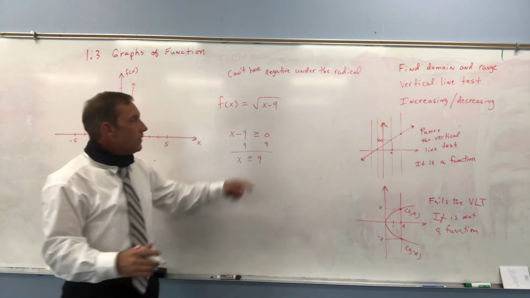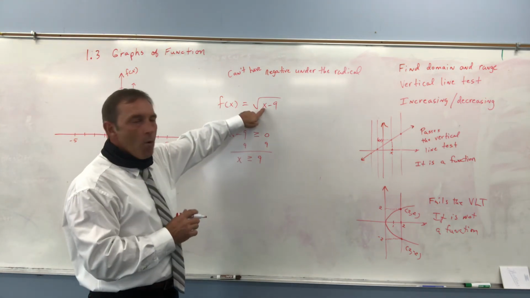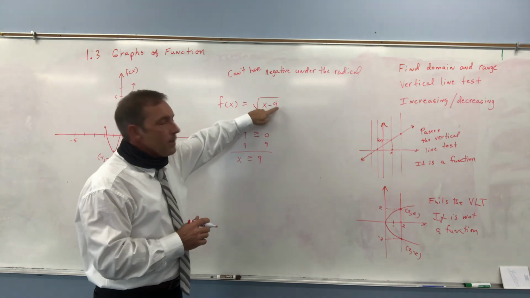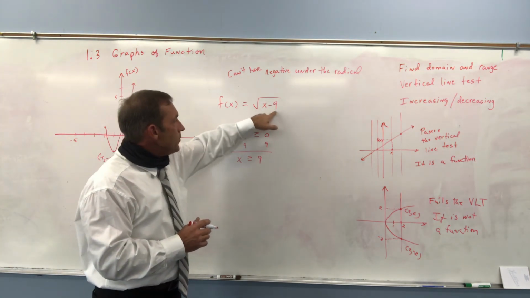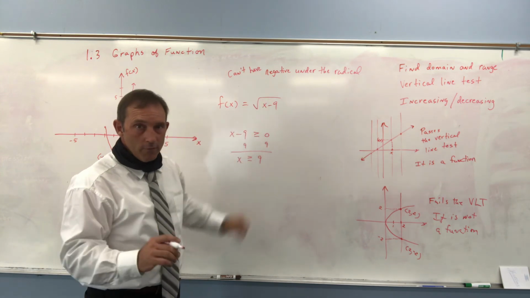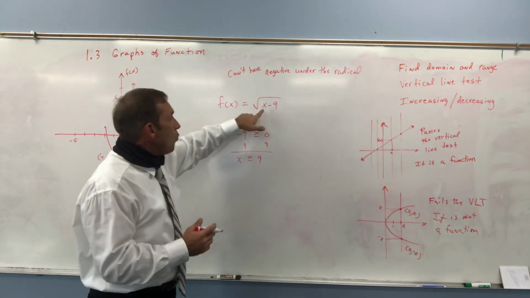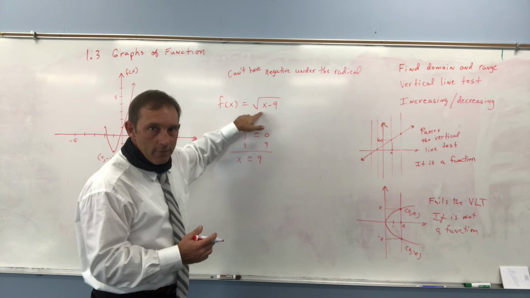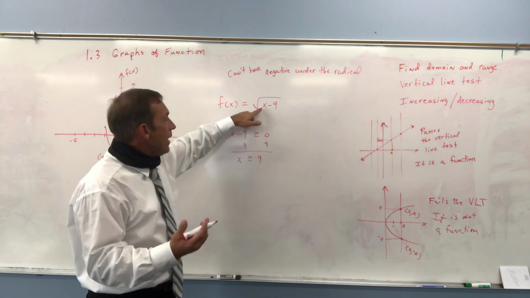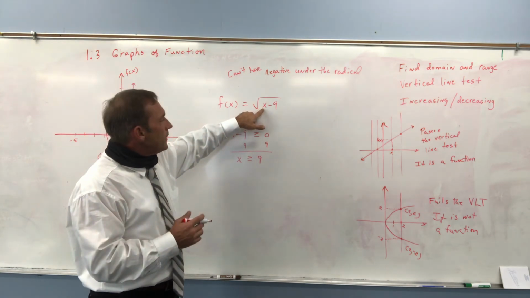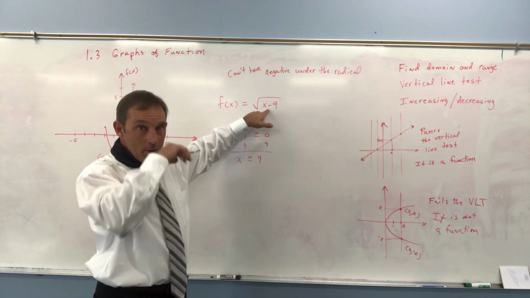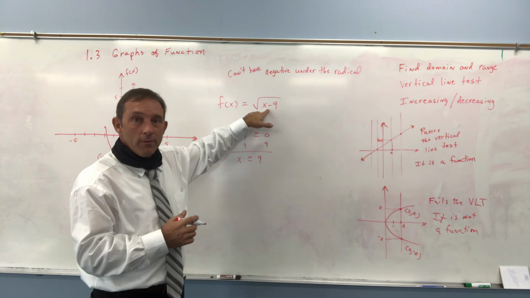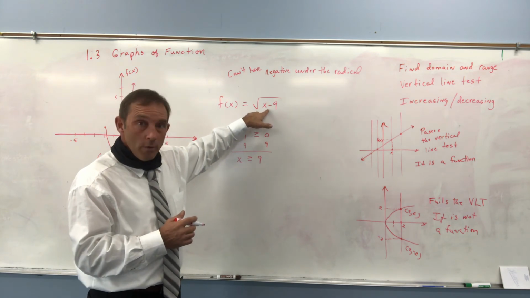And that kind of makes sense. As long as x is 9 or more, you can see that this would be a positive number under here. If it was 9, you would have 0. And the square root of 0 is fine. If it was 20, easily a positive number under here. But what if it were 8? Well, then you would have the square root of -1. And again, that's going to be a complex number. We're working in the real numbers.